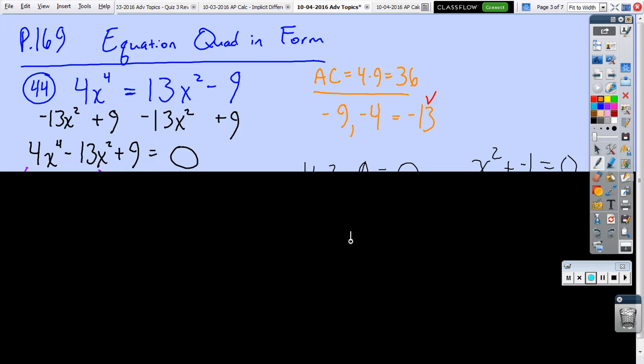So, long AC method. If you know the tic-tac-toe method, go ahead and do that, but long AC is the way I've been teaching you, so I'm going to stick to that. Long AC says AC, or 4 times 9, is 36, so I have to find factors of 36 that add to B, which is negative 13.